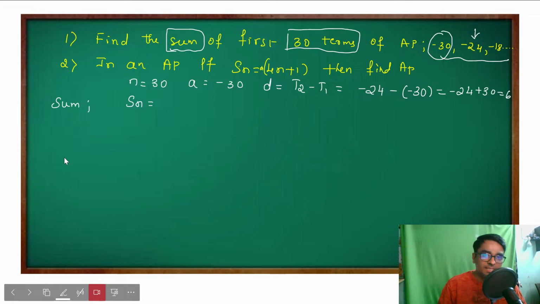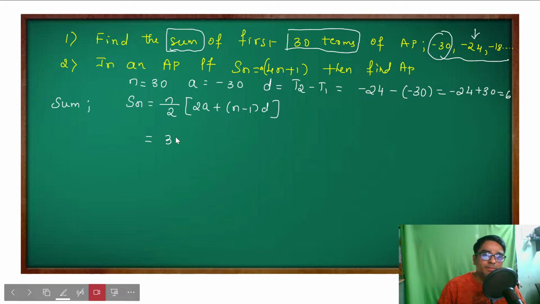So your D is 6. Now everything is ready. Write the formula. Sn is given by n by 2 into 2a plus n minus 1 into D. Correct? So just insert the values.